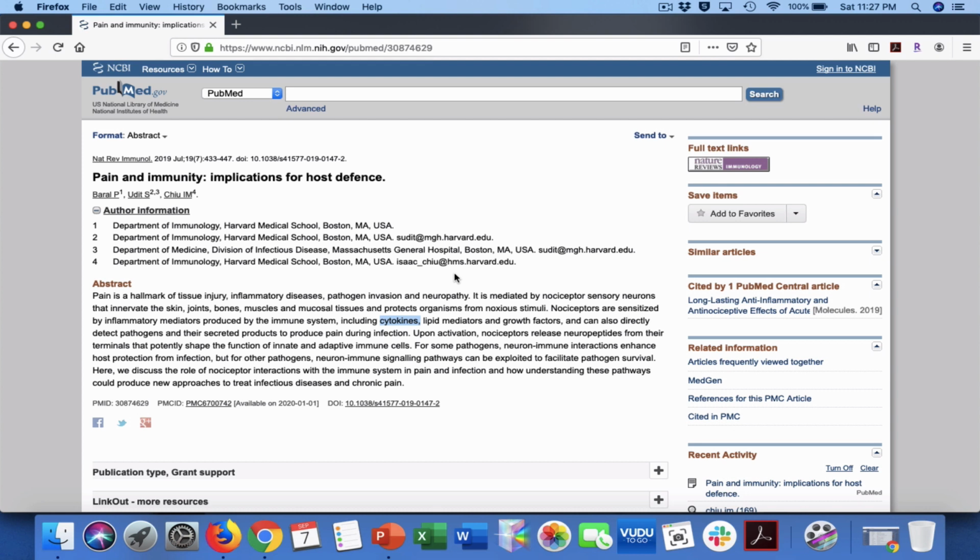I always sort of smile when I see this because I was often confused about how pain as well as how itch might play a role in inflammation and how that really tied into our inflammatory cytokines. It turns out one of the people who does some really lovely research on this is someone named Isaac Chu, who was one of my classmates in graduate school. So happily, Isaac started to figure out the answers for my confusion.